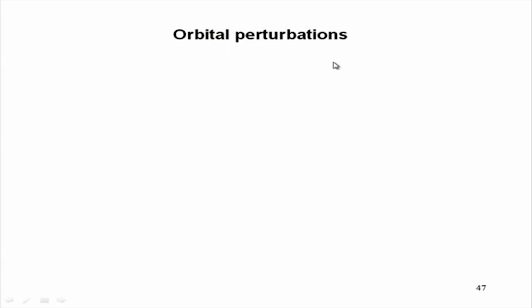Those types of assumptions we have made. But in real life, it is not like that. We have large natural bodies like the sun and moon and other things, so your orbit will be perturbed. So let us look at the perturbation effect.